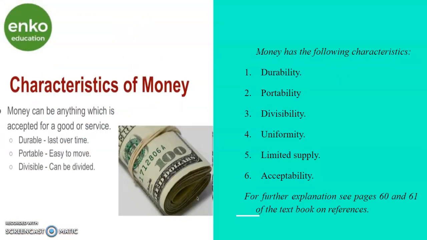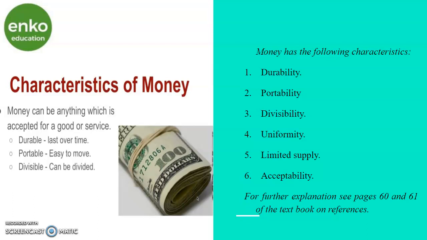Money has certain characteristics, my dear students, different from any other product that has been used in history. These characteristics make it so unique and so efficient for the trading system that we have.